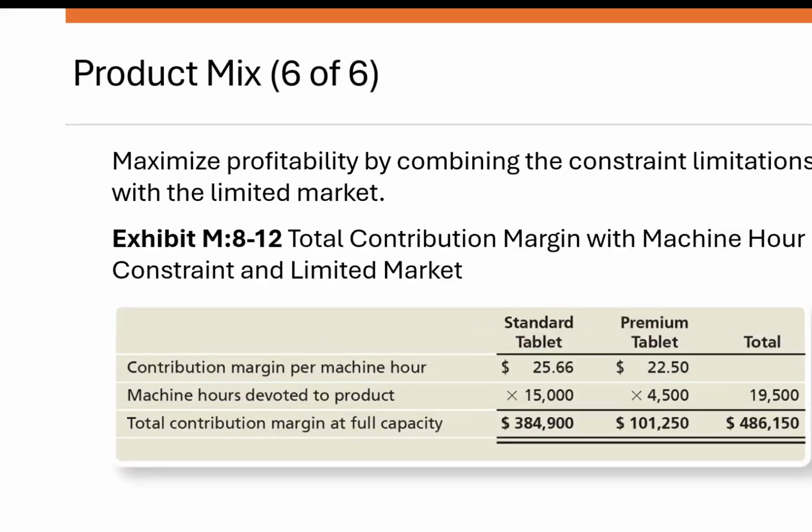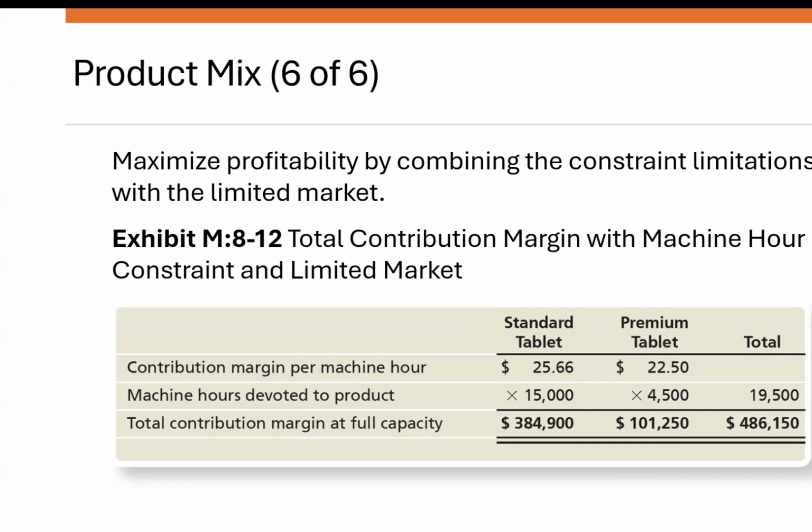So let's re-examine our second assumption. Initially, Smart Touch Learning had budgeted sales of 2,400 standard tablets with the capacity to produce 2,600.